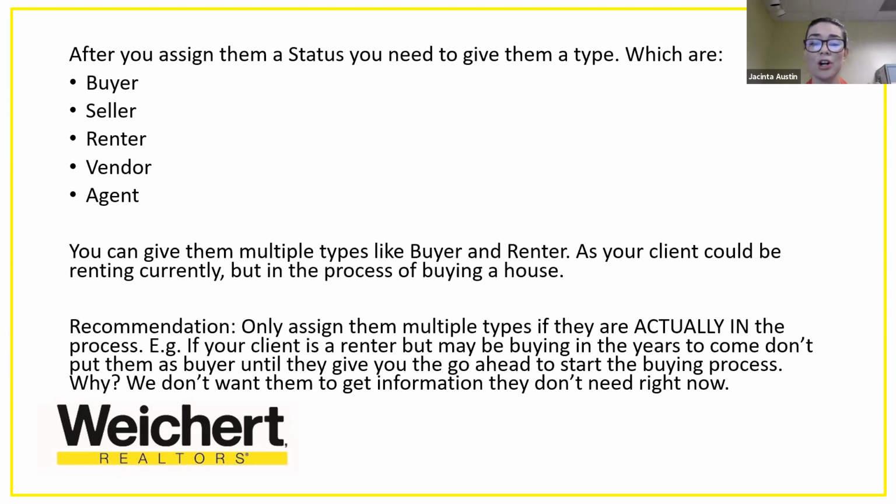My recommendation is only assign them multiple types if they are actually in the process of buying or selling. If you have a client who's a renter, but they might be buying in the years to come, don't put them as a buyer until they go ahead and start the actual buying process. Why? You don't want to send them the wrong information. You're going to inundate them with information they just don't need right now.